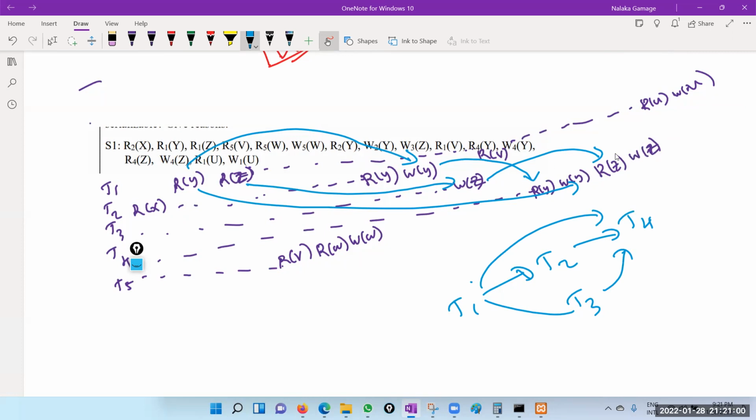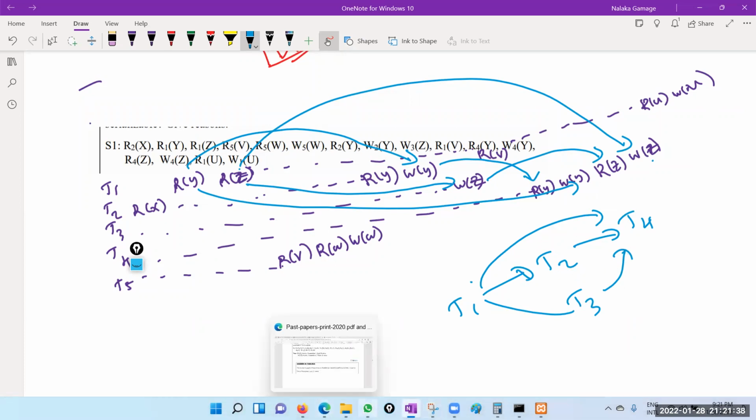Here we have read Z to write Z: T1 to T4, which we already took. තව U එකක් තියෙනවා. First time U, no issue. Read U, write U. U is not used anywhere, so no issue. දැන් බලන්න cycle තියෙනවද? Cycle නැහැ. So therefore this is valid.